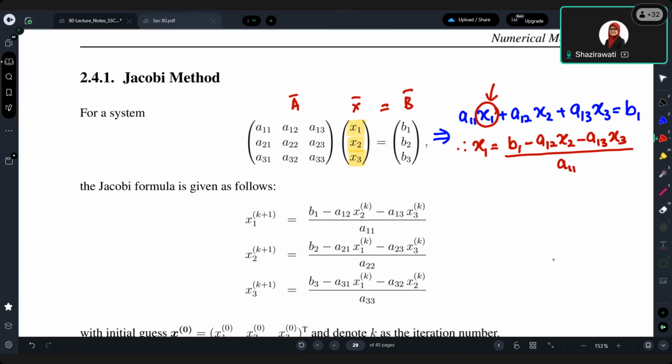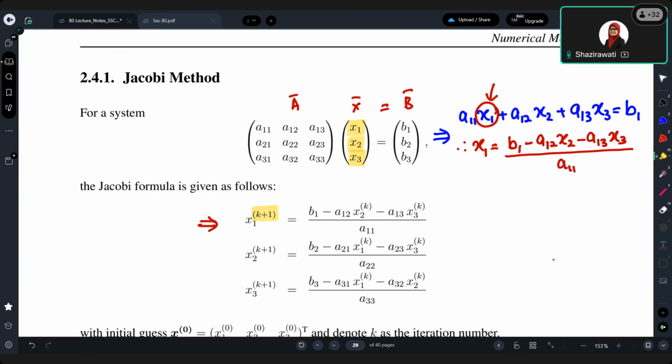So that is the formula for X1. That is where the formula for X1 comes from. And then you just put in the iteration notation. So put K plus 1 there. The superscript K plus 1 is not the power. It is the iteration notation, to denote which iteration you are currently in.